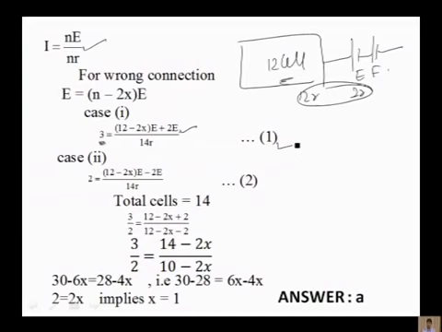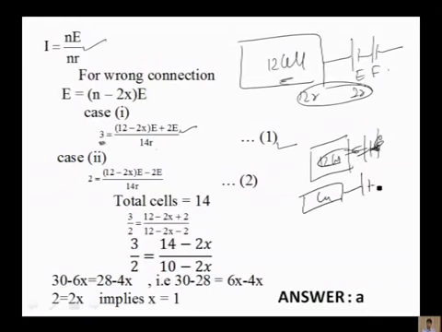Similarly, for this 12-cell battery, the connection is wrongly connected like this, with the wrongly connected cell positive, again like this, this is E, this is E. Now we are going to have the equation like this.